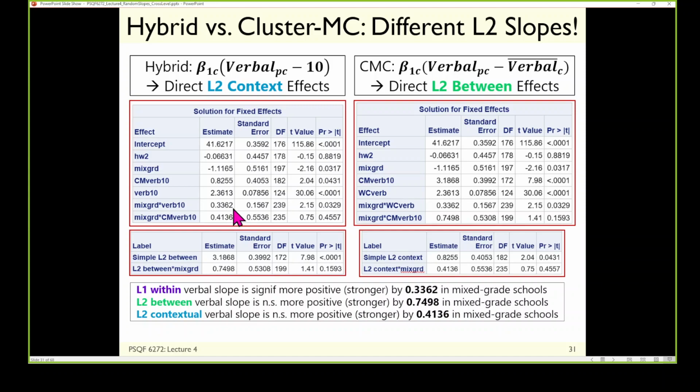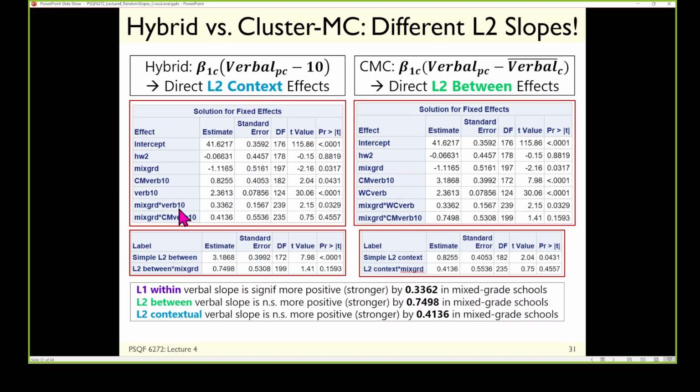How about the cross-level interaction? Which one is that? Second to last or last? Second to last, because that's mixed grade times the level 1 verbal. Same result or different? It's the same, because they both mean the same thing at this point after controlling for the contextual effect.